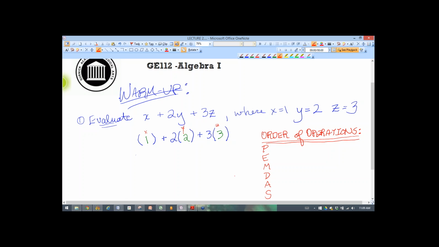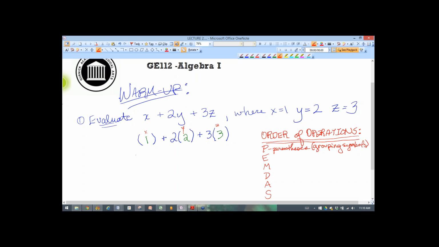The P first is parentheses. I'm going to add to that, though. I'm going to say parentheses, and then in parentheses I'm going to write grouping symbols. Grouping symbols could be an absolute value. You might want to work inside of that first. Maybe a numerator needs to be simplified, or a denominator. So you want to work within the parts that need to be simpler before you can carry on to the next step.